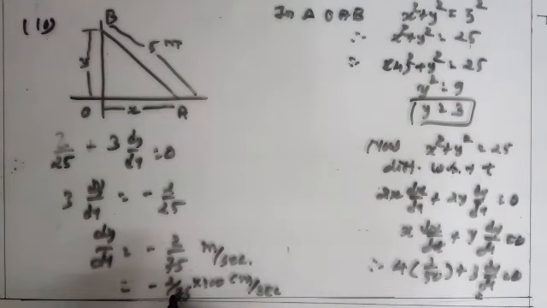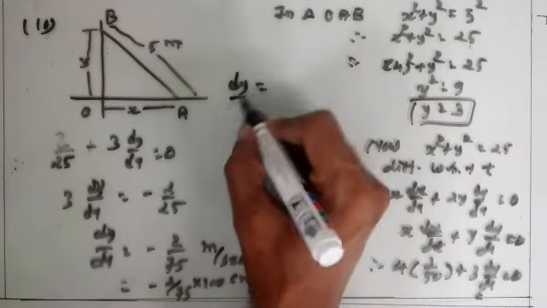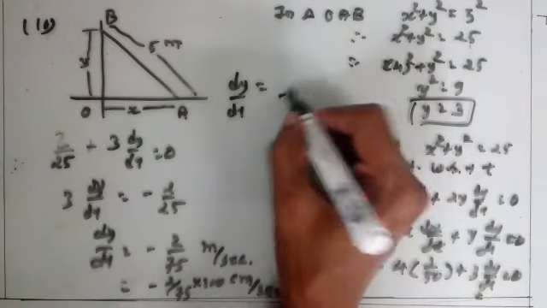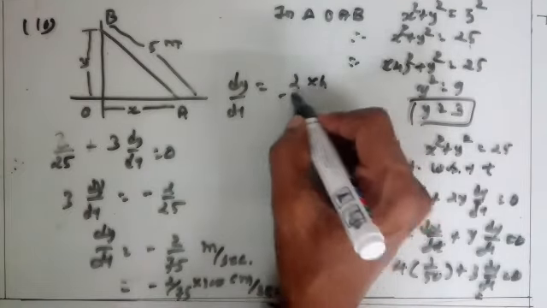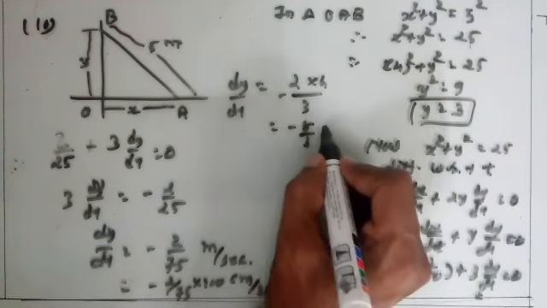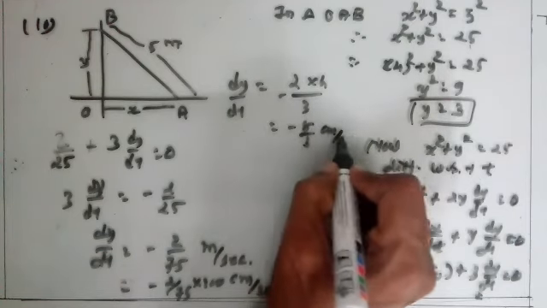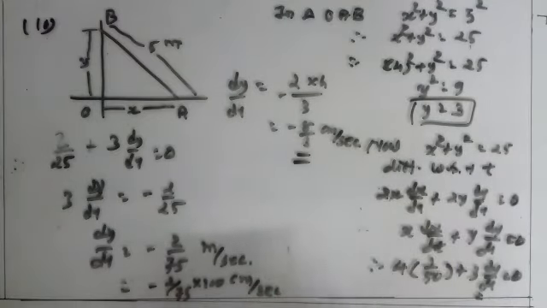Simplifying, dy/dt is equal to minus 2 into 4 upon 3, so it is equal to minus 8 upon 3 cm per second. This is the answer in centimeter per second. And the answer in meter per second is as above. This is clear.